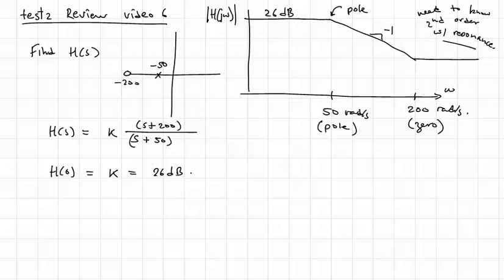Well, actually, it's going to be equal to 10 to the 26 over 20. You've got to take the anti-log of that, and that should turn out to be approximately a factor of 20. So H(s) in this case is 20 times (s plus 200) over (s plus 50).